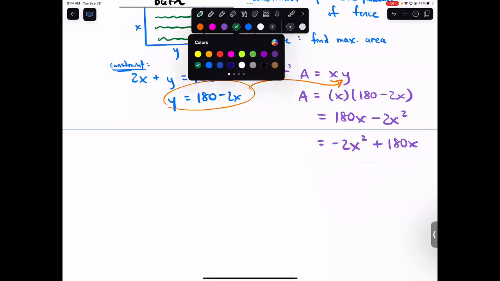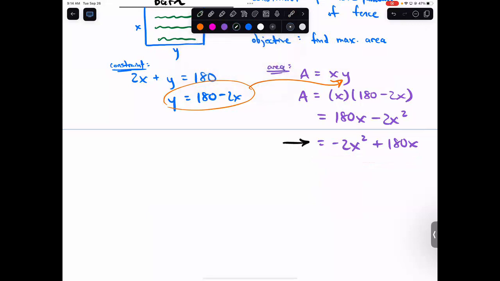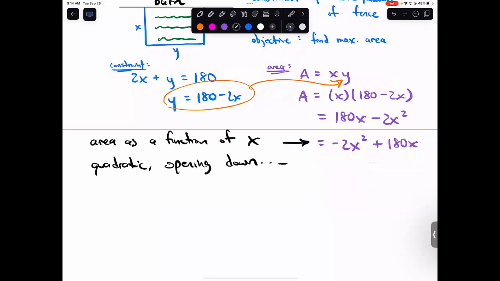So this thing, area as a function of x, it's quadratic and opening down. Find the vertex.